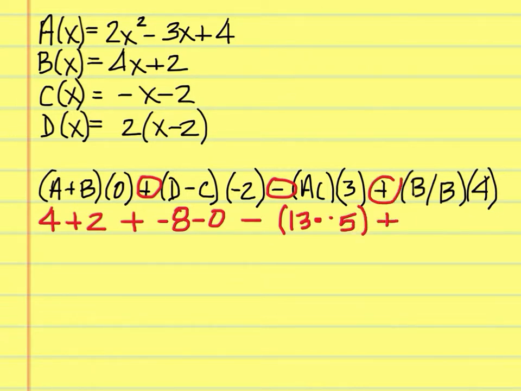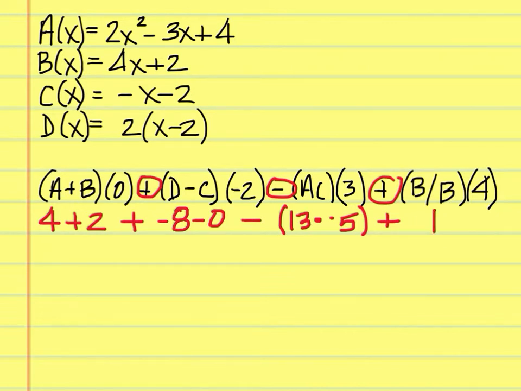And the plus sign from here. So now I have this odd looking thing here, b divided by b of 4. Well, if I put 4 in for b, no matter what I get back, if I put 4 in for b again and then divide those two answers, what's the answer going to be? 1.